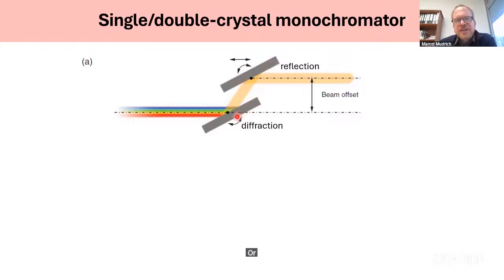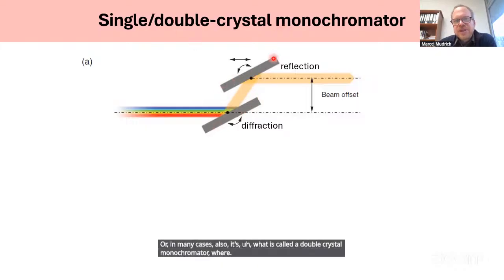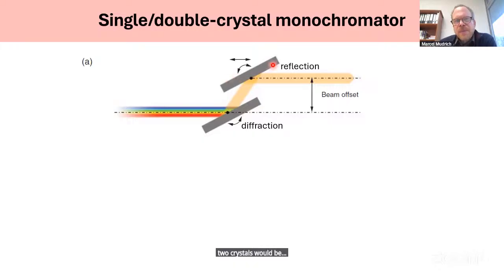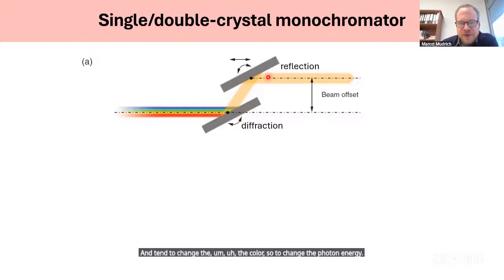In many cases it's what is called a double crystal monochromator, where two crystals would be placed parallel to one another, and then to change the color, so to change the photon energy of the diffracted first order, for example, the tilt angle of the crystal would have to be changed.